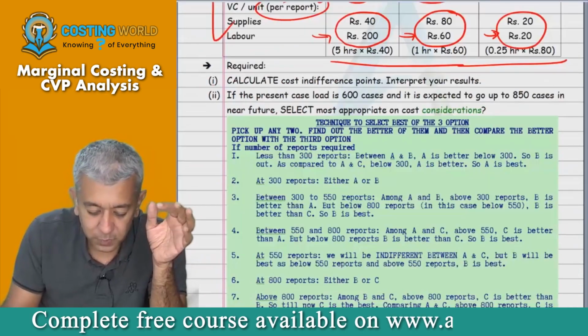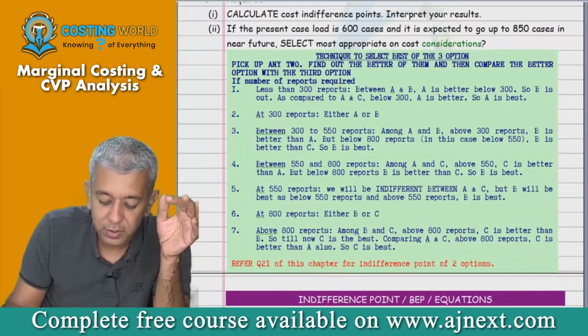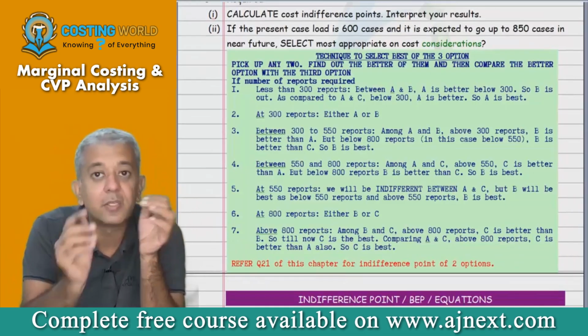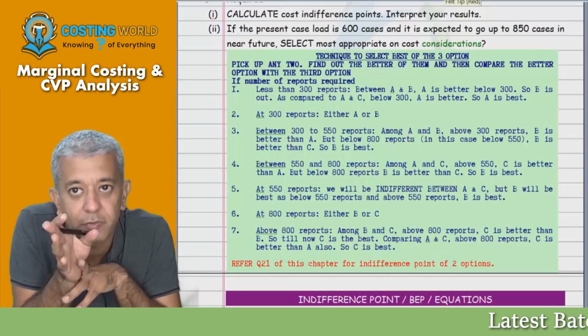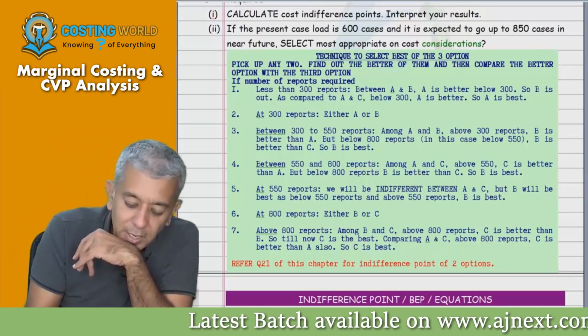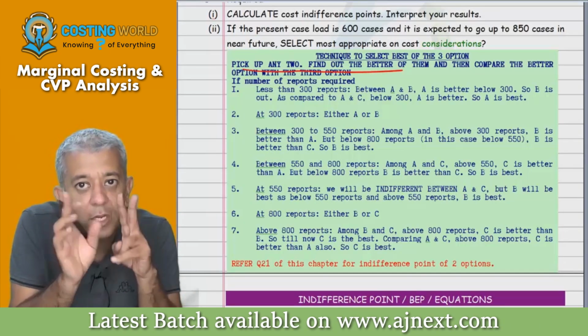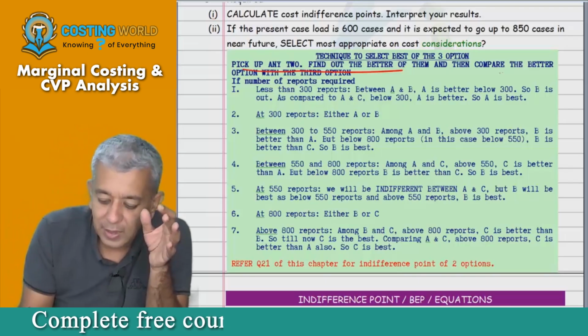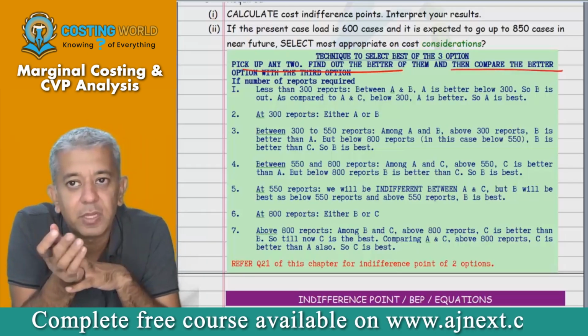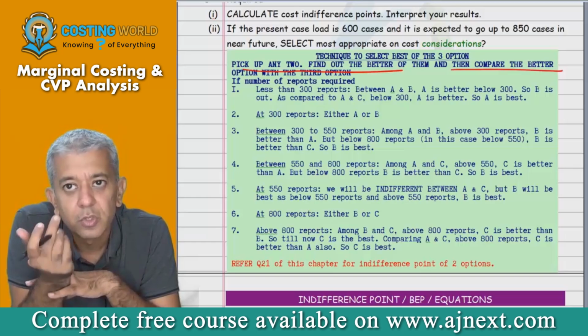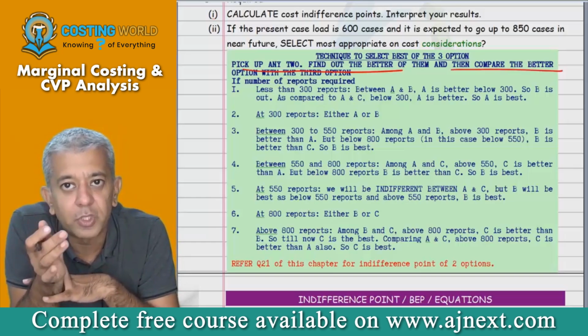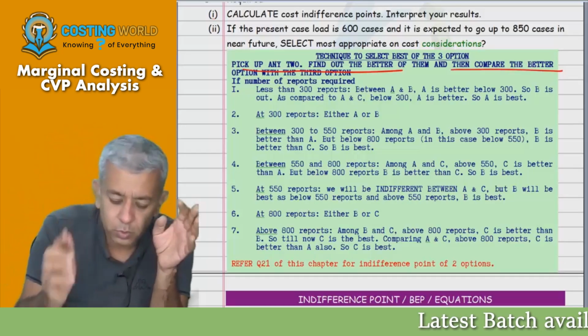I'm just going to read this. Technique to select best of the 3 options: pick any 2 and find out the better of them, and then compare the better option with the third option. So that's what you are going to be doing.